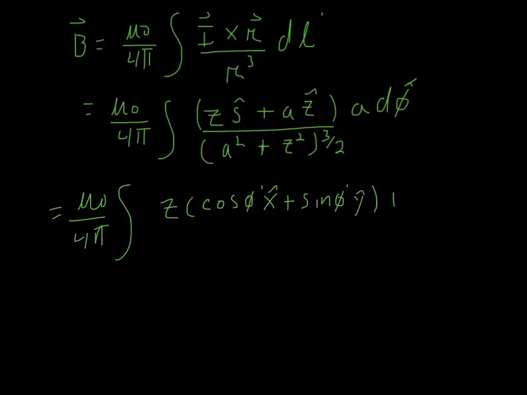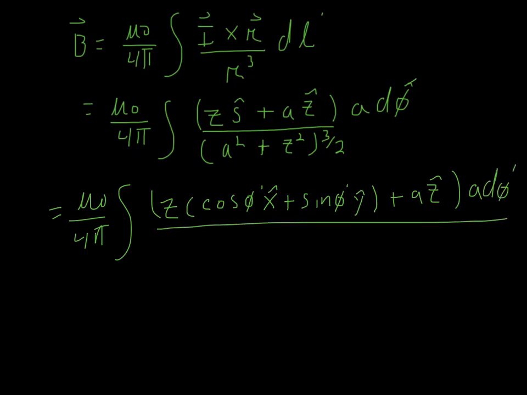Okay, then we're going to have plus a z hat. And that whole thing is going to be times a d phi prime, that's integrated, over a squared plus z squared to the 3/2.